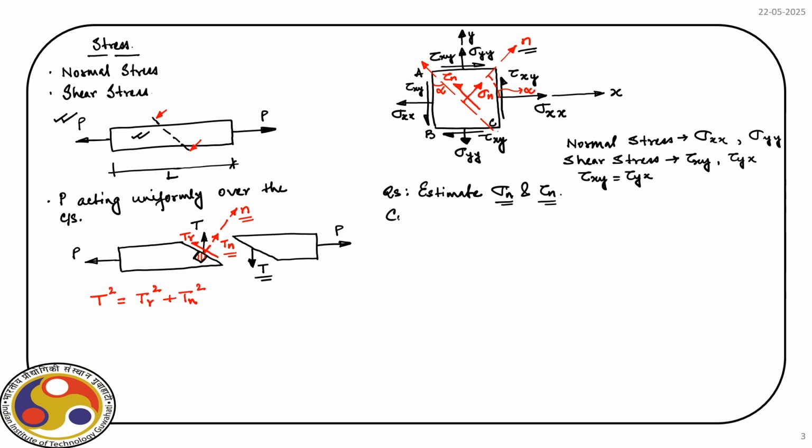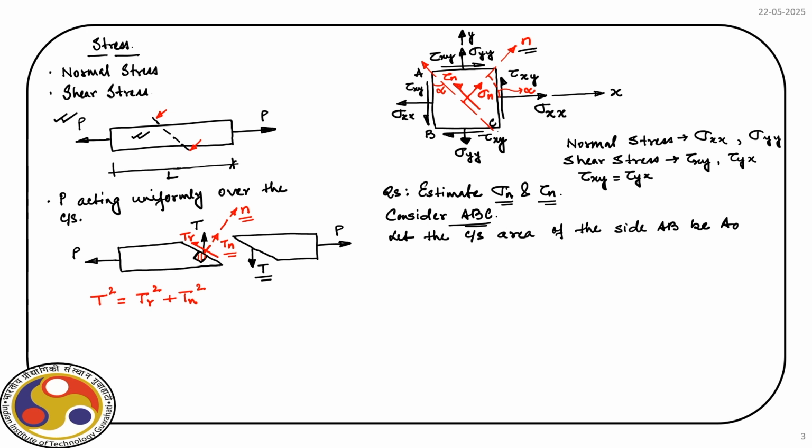So, consider ABC, right. Let the cross sectional area of the side AB be A naught, right.